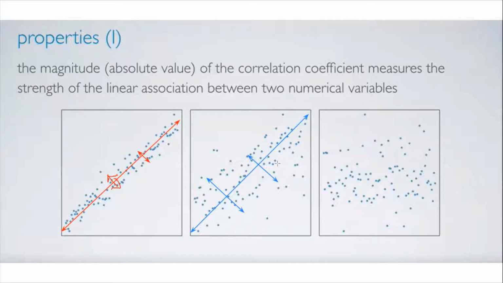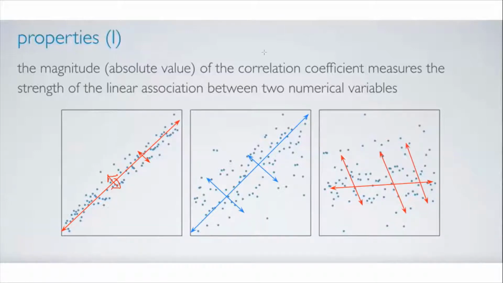So we can say that this is a fairly strong, moderate association. The last figure shows almost no pattern. The scattering is quite big, scattered all over the plot.